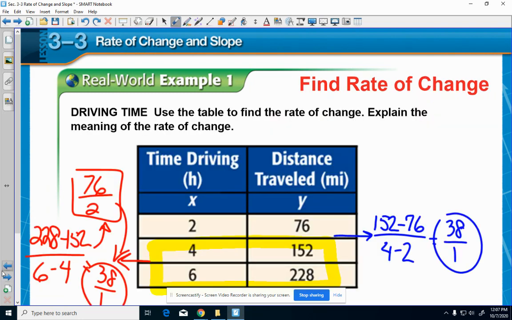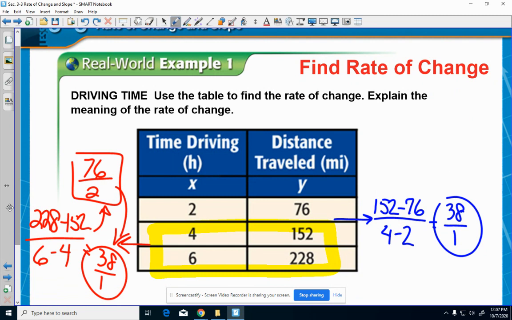Why would this one here be called a slope? Jack? Okay. And what produced the fact that it was going to be a straight line? There you go.